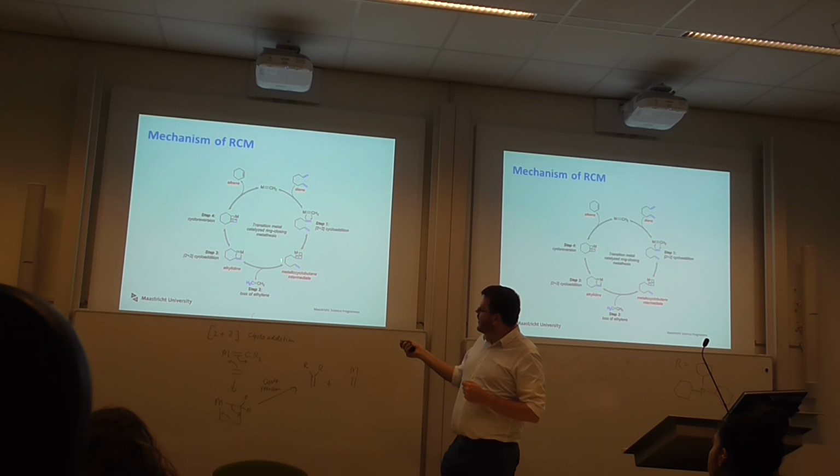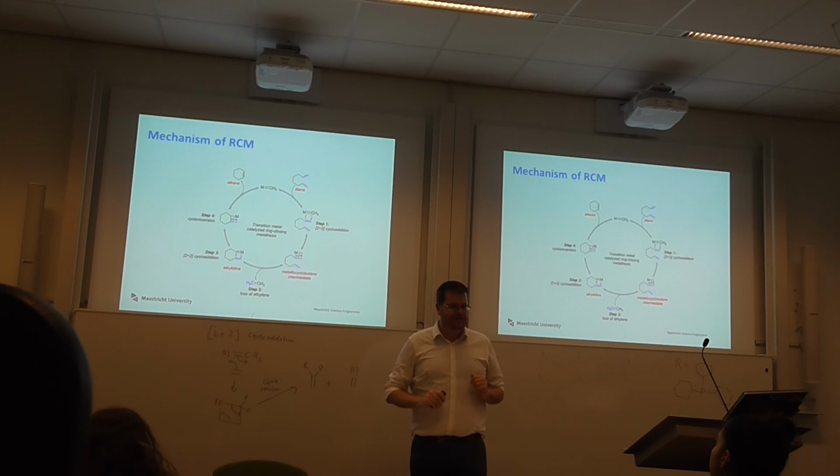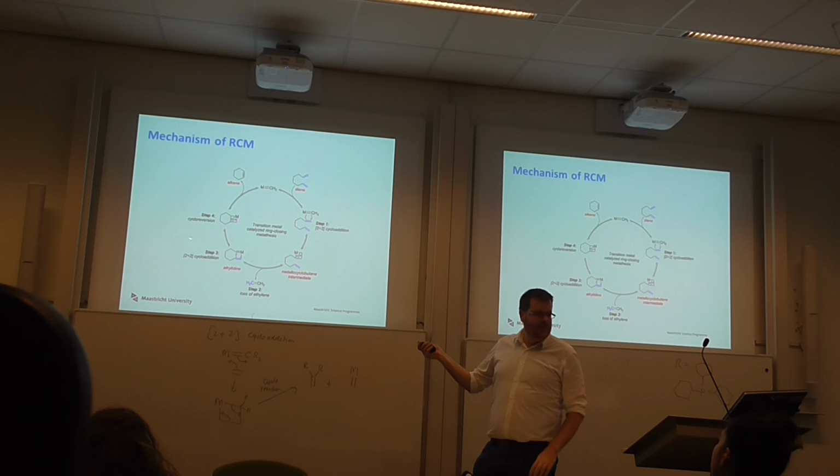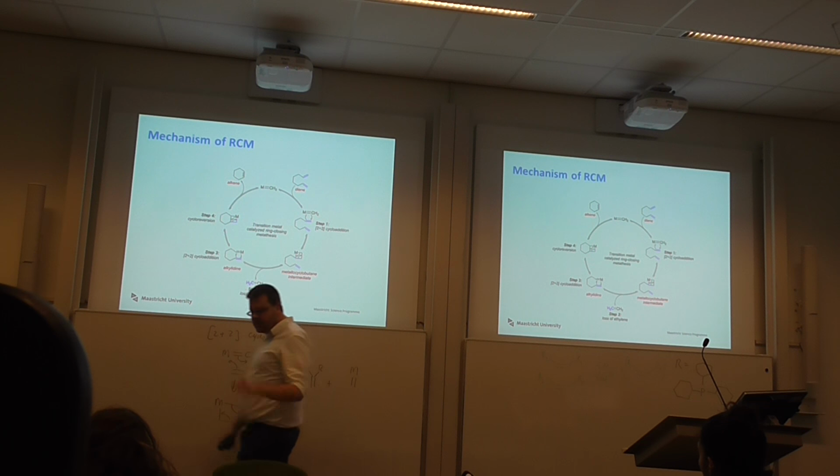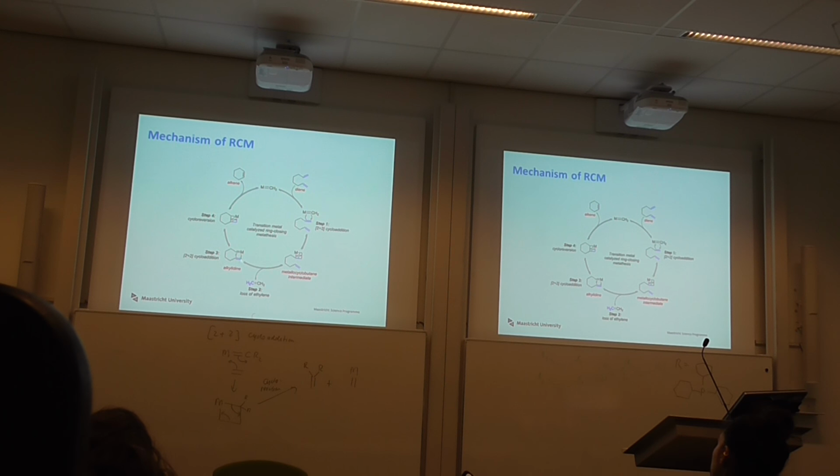So if I'm at this intermediate here, instead of having an intramolecular ring closure like I've depicted, what could also happen? Another fragment. Correct. Another substrate could come in, another one of these guys, and you could form a cross metathesis product. Now that's the point. How would we control that?